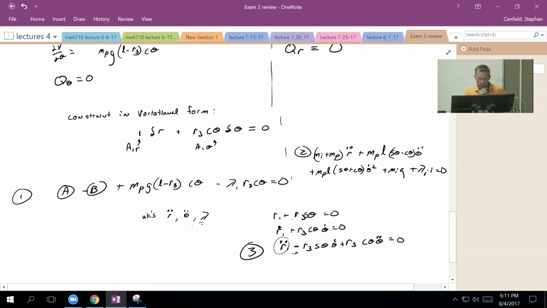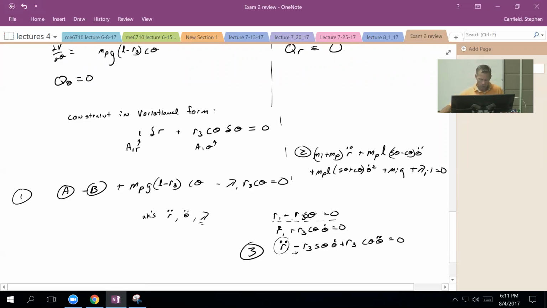So that gives me my three equations, three unknowns, ready to solve. In this case, lambda is exposed. Now, in this case, the constraint was holonomic. I could write it in terms of the coordinates themselves directly. I mean, we did that right off the bat. So I could have solved for R1 immediately, plugged in the theta term, replaced all my R1s with theta right off the bat. But this method showed us how we could carry through with Lagrange multipliers.